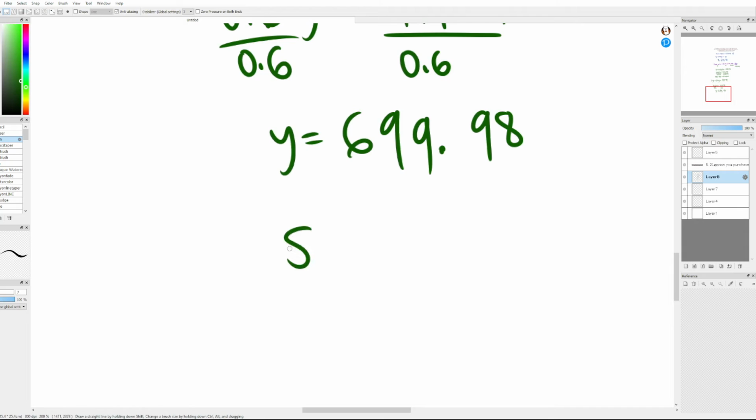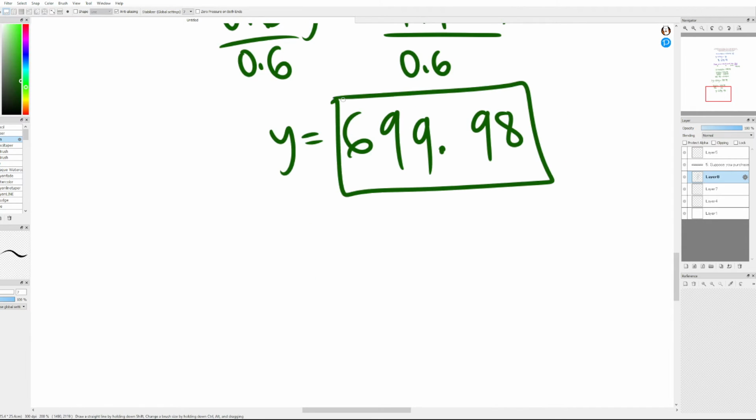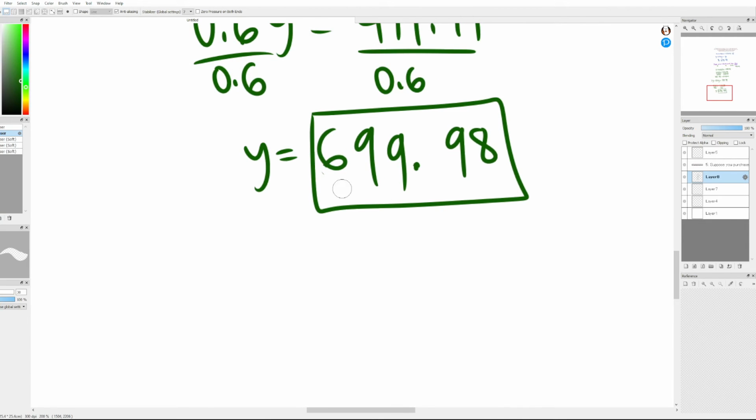So this is going to be the price before the tax and before the discount was applied. So yeah, you saved quite a bit of money there, more than $200. If you have any more questions about this, just let me know. Thank you. See ya.